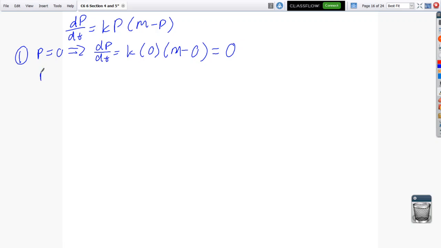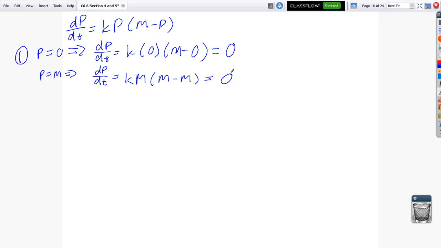Likewise, if I make my p equal to my m, that's going to mean that my dp dt is going to be equal to k, change my p to my m, times the quantity of m minus m. M minus m, that's 0. K times m times 0, that gives me 0.